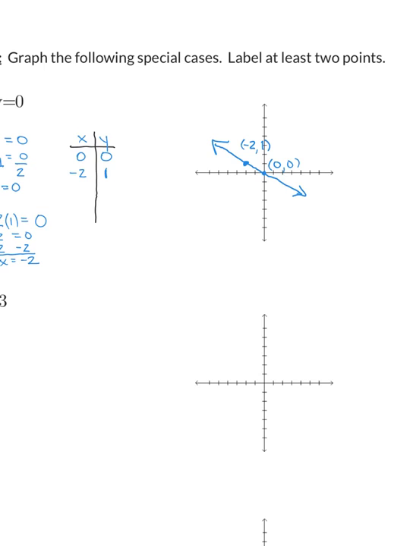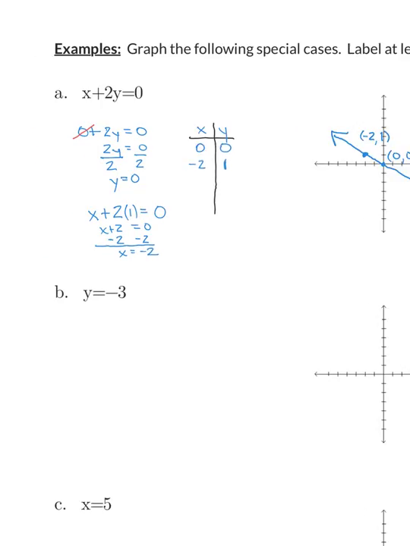It only qualifies as a special case if you are graphing using intercepts. If you are graphing using slope and y-intercept or using tables, then it doesn't qualify as a special case, because you can still find the slope, you can still graph. But that is our first line.